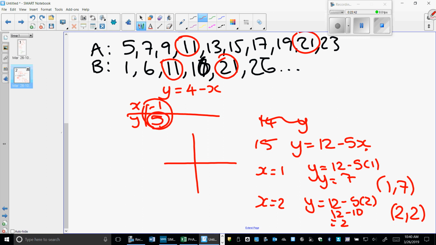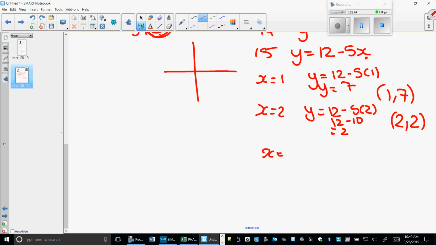You could have chosen x is 350. You would have y is equal to 12 take away 5 lots of 350. Well, that was a bit silly because I don't know what that is. Let's choose a smaller number, 50. 5 lots of 50, so you would have 12 take away 250, which is -238.